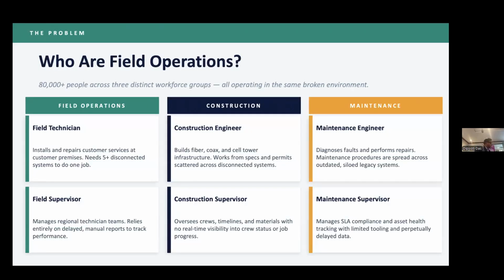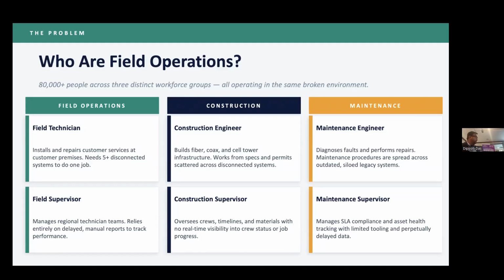As I mentioned, we built this solution for a big US telecom enterprise, for their field operations team. Who are these field operations people? They are field technicians, the ones who install and repair and visit our houses to install new internet service, cable, phone lines, etc. We have construction engineers, who lay the cables and maintain the infrastructure.